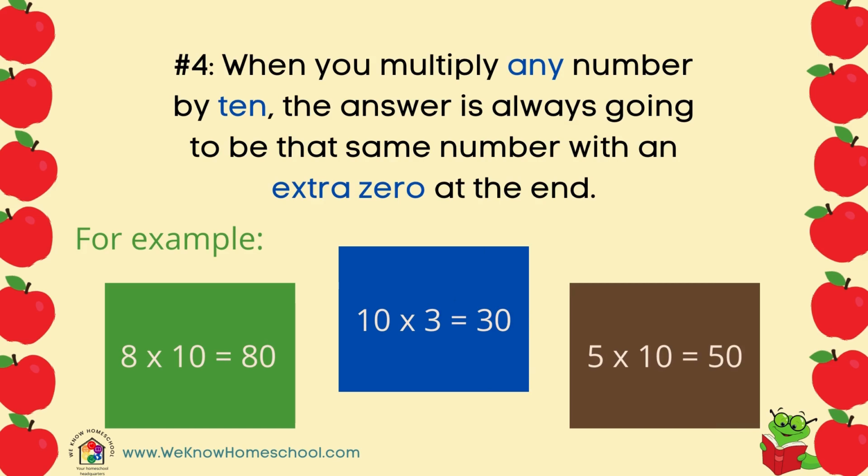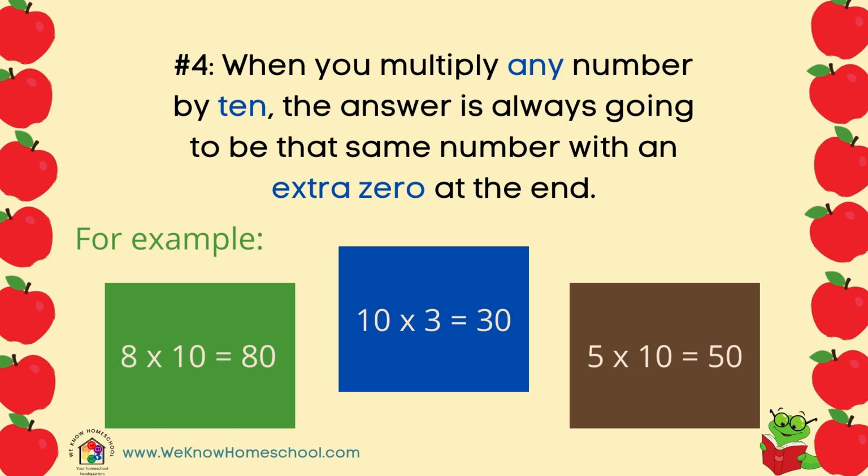Number 4, when you multiply any number by 10, the answer is always going to be that same number with an extra 0 at the end. For example, 8 times 10 equals 80, which is simply the number 8 with an extra 0 at the end.